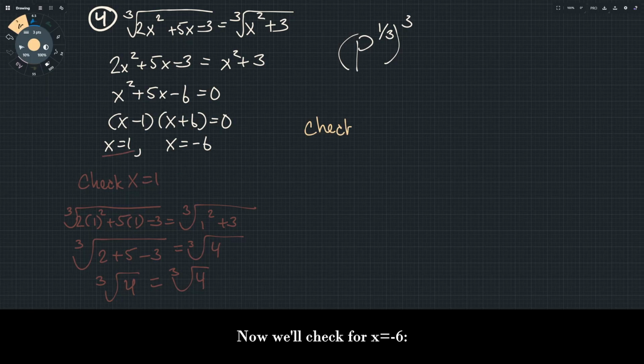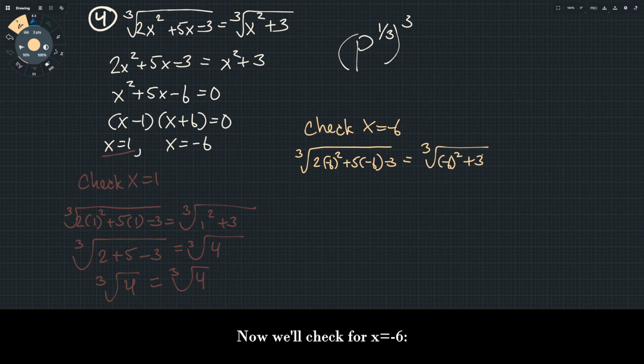Now we'll check for x equals negative 6. We get the cube root of 2 times negative 6 squared plus 5 times negative 6 minus 3 equals the cube root of negative 6 squared plus 3.